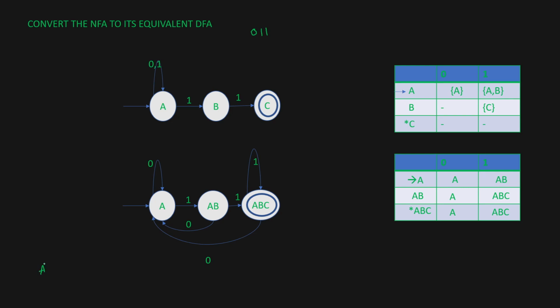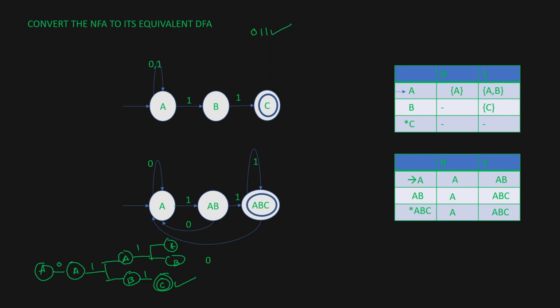You're in state A. You get input 0, you stay in state A. Then you get input 1, so you go to either A or B. In state A, if you get input 1 again, you go to state A or B. And in state B, you get input 1, you go to state C. Is it a final state? Yes. Out of these states, C is a final state and hence this string is accepted.